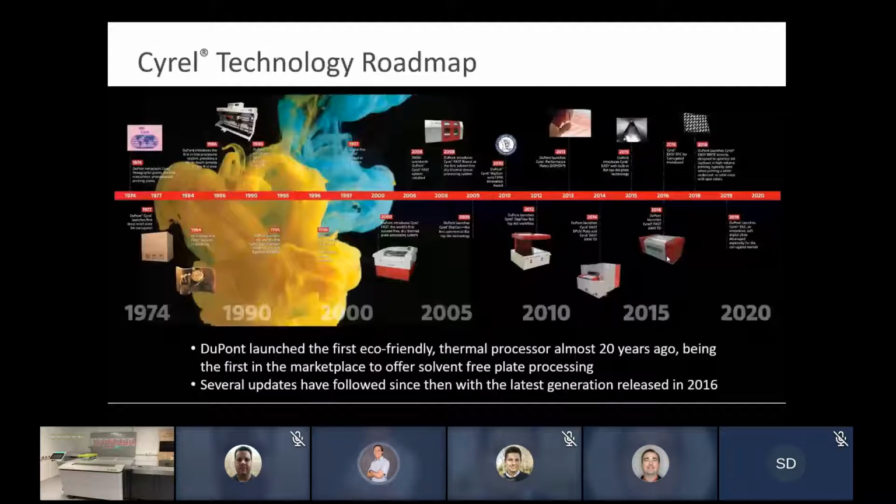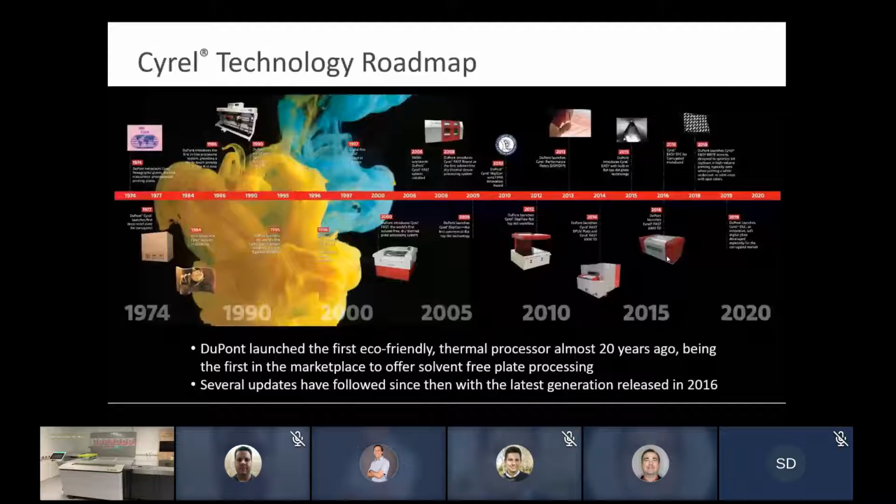So in 1974, the first photopolymer flexo plate for the fast thermal developers. In 2000, we released the first eco-friendly thermal processor. And then in 2008, we released fast in the round. So that's actually sleeves, so in the round sleeves that are thermally processed.